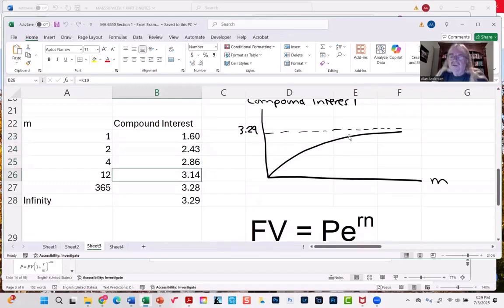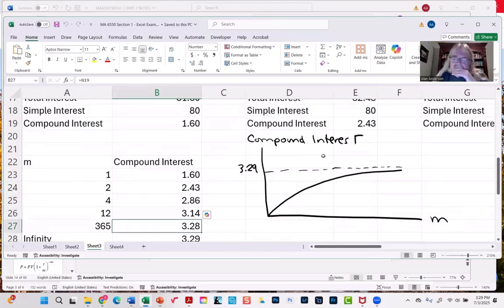In other words, over here on the right, you can see that if I were to plot the relationship between the compound interest only and the compounding frequency, the curve is increasing at a decreasing rate. Okay, in other words, while the first derivative is positive, the second derivative is negative throughout the entire curve.